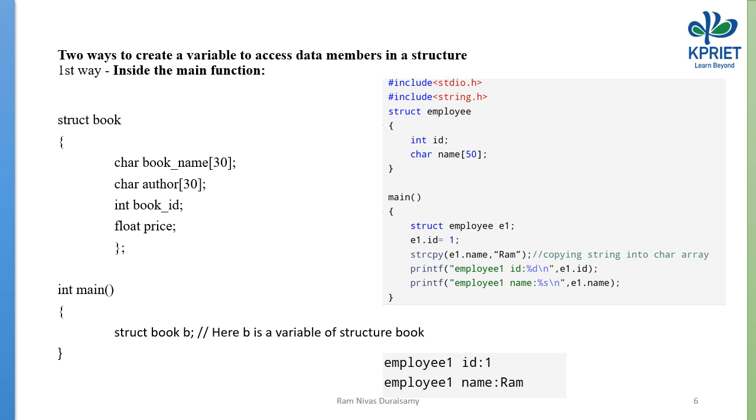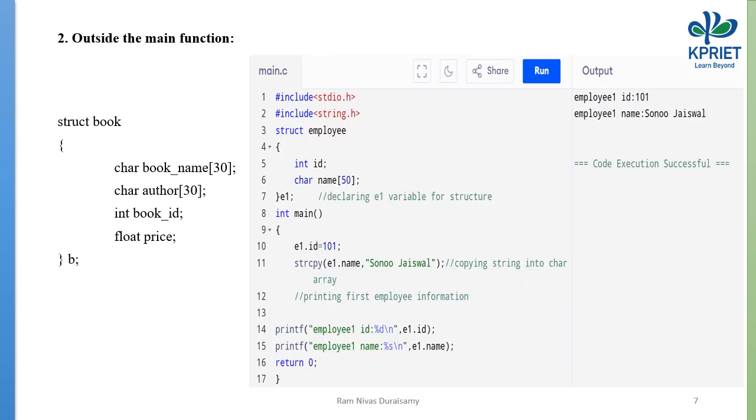If you want to access the members of employee, e1.id and e1.name will give the employee id and employee name. And in the other method, inside the main function there won't be any name, but in the struct employee, after the braces you can give the name e1. So inside the main function, if you want to access the employee id and name, you need to give it as e1.id and e1.name.